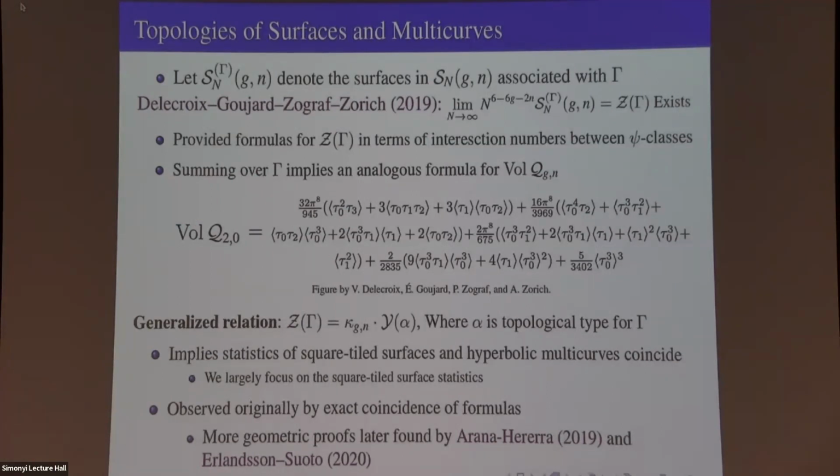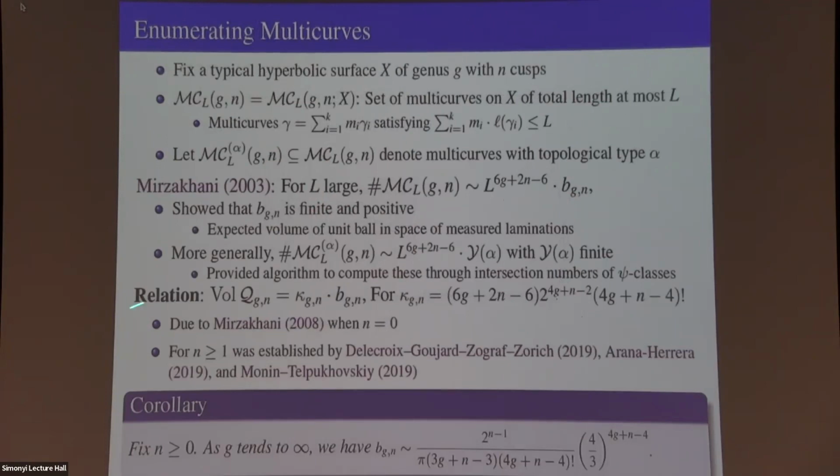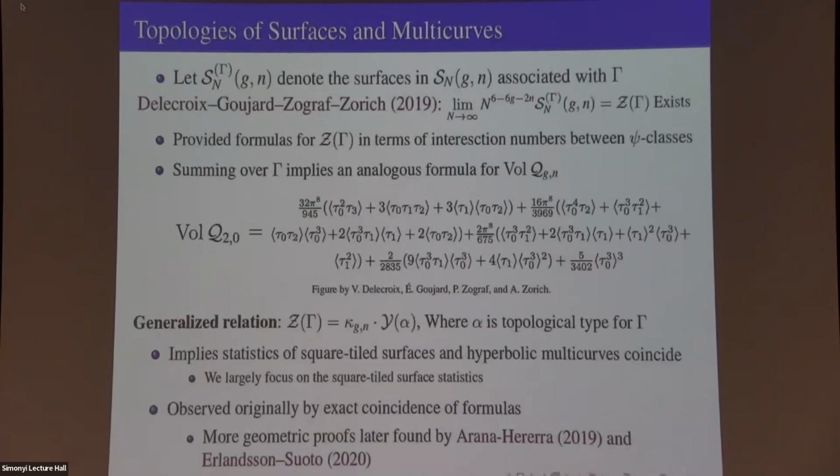I should quickly mention that there's a generalized relation. I mentioned the relation on the level of volumes, between the volume of the space of the total number of flat surfaces and the total number of multicurves. But you can refine this by topological type.